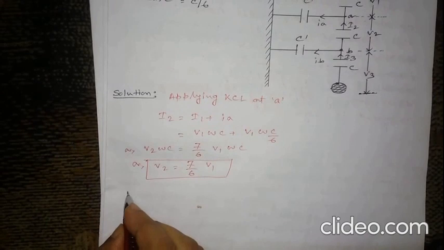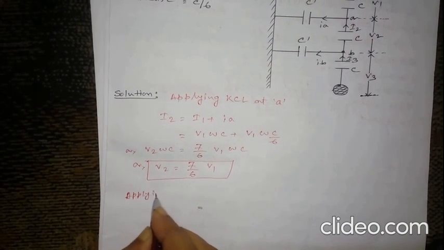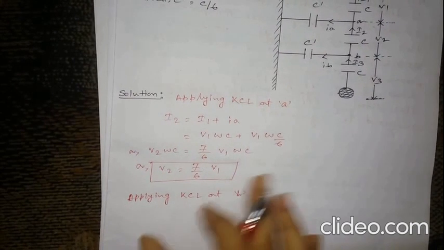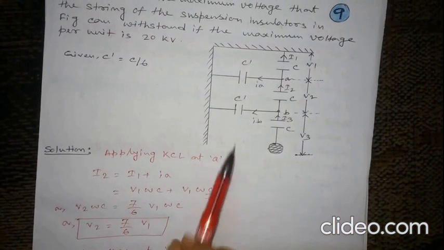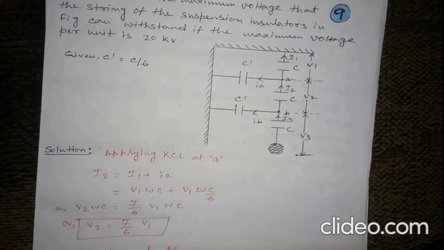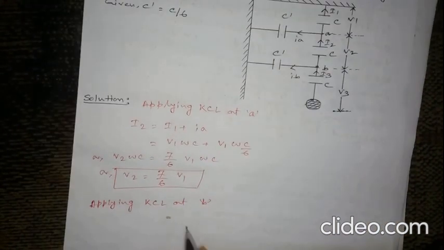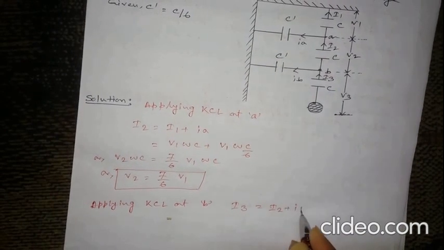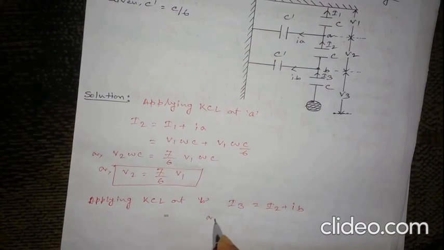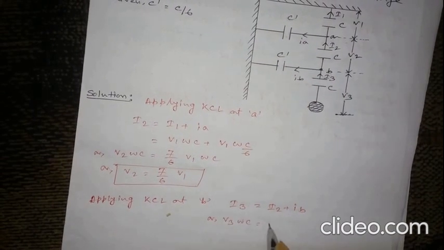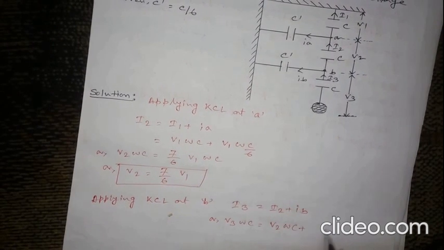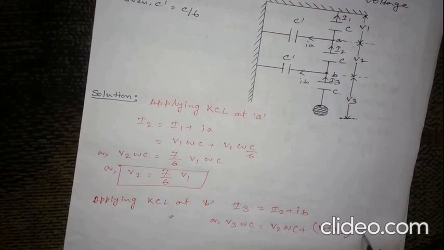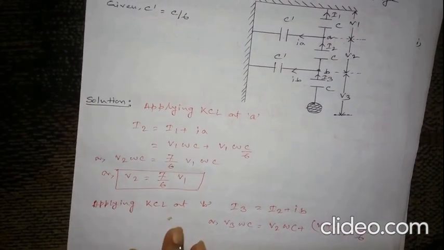Now applying KCL at point B, we can write I3 is equal to I2 plus IB, or V3 omega C equal to V2 omega C plus IB, that is equal to V2 omega C plus (V1 plus V2) into omega C by 6.